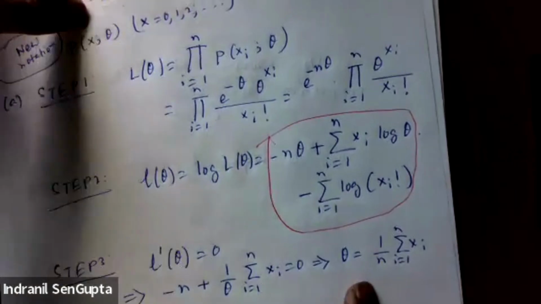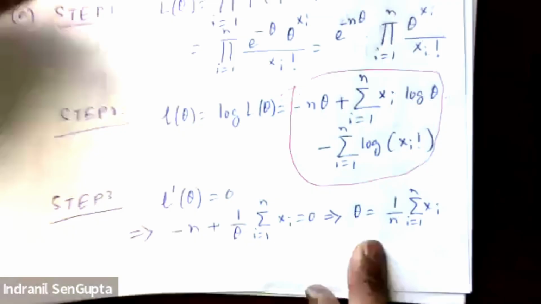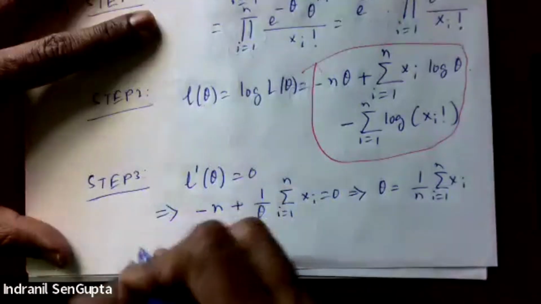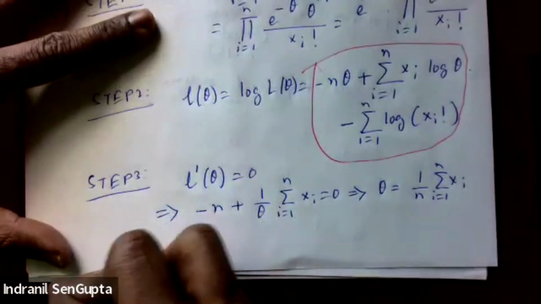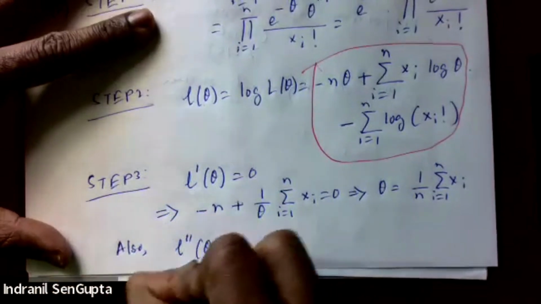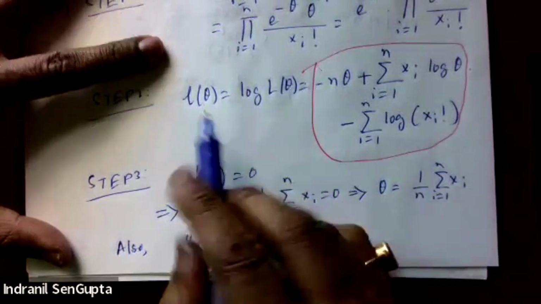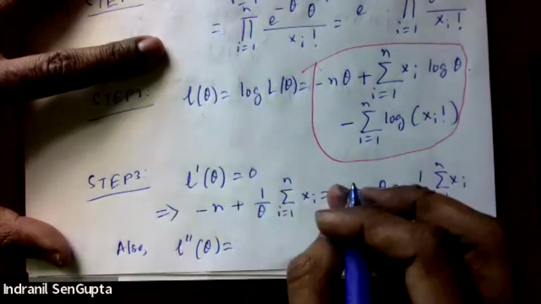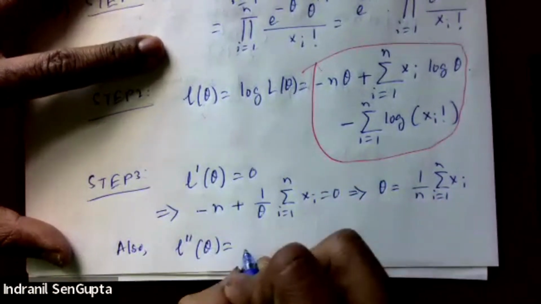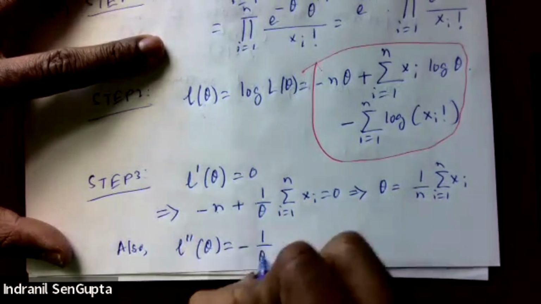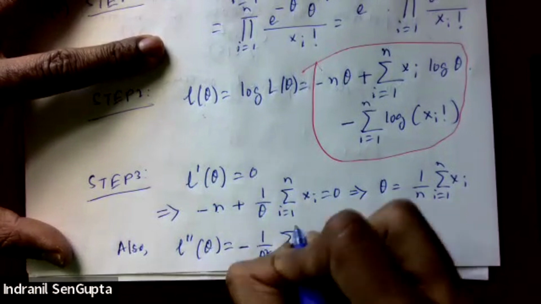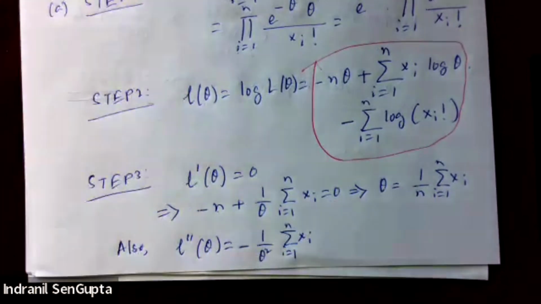First observation: now this can be a max or a min. So let's compute the second derivative. L double prime of theta: if L theta equals this one, then minus n goes to 0, so it's minus 1 over theta squared, sum from i equals 1 to n of x_i.